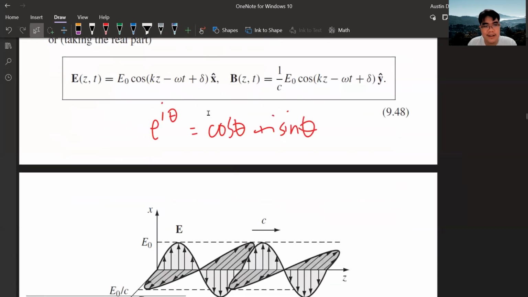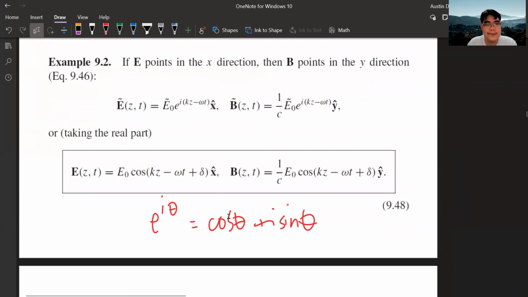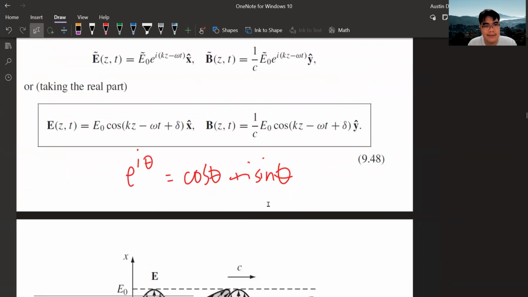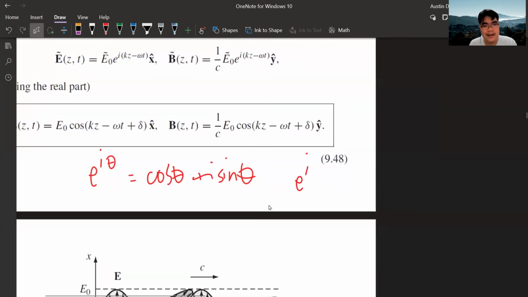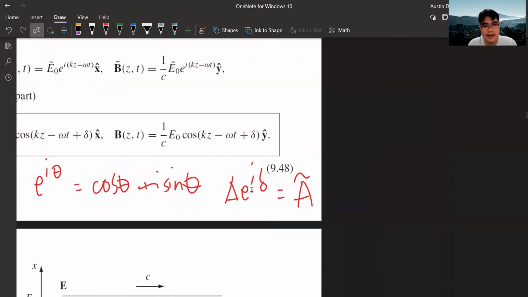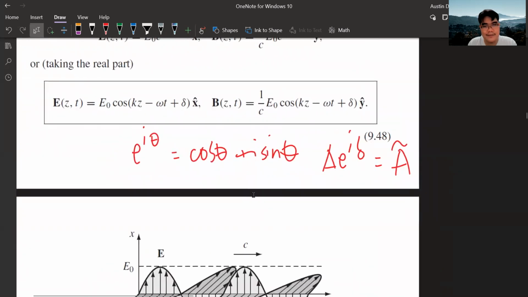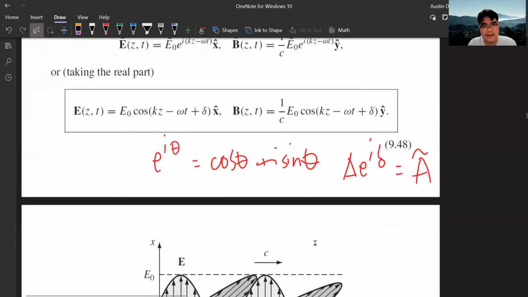So therefore, the real part should be cosine lang. Tapos, ba't may delta biglang lumabas? Kasi meron ka pang e raised to i delta sa A mo. Okay? So the real part of this would be cosine with delta. Sama siya doon.